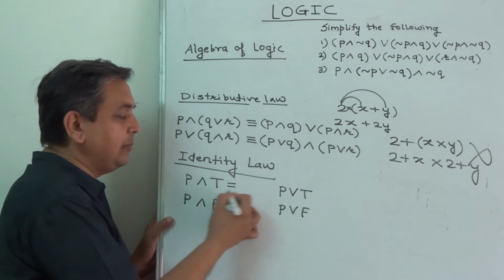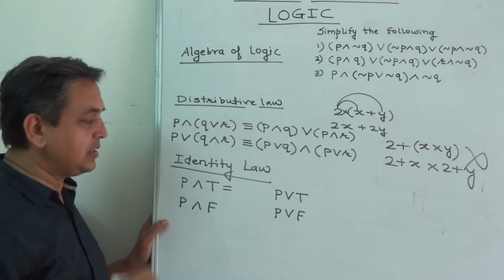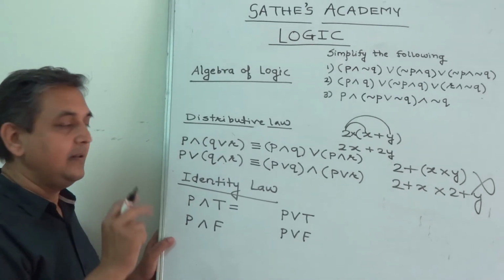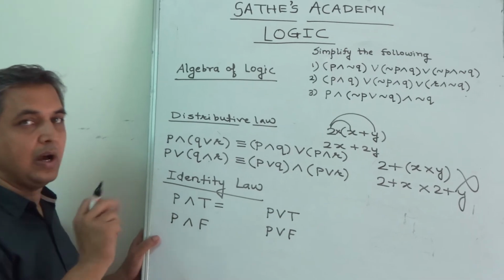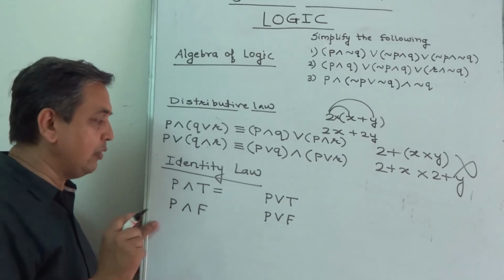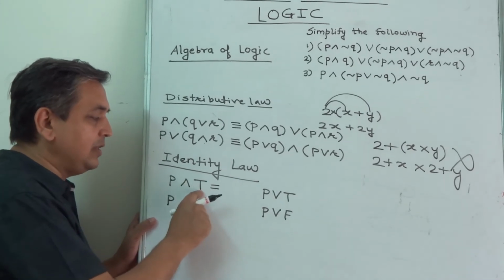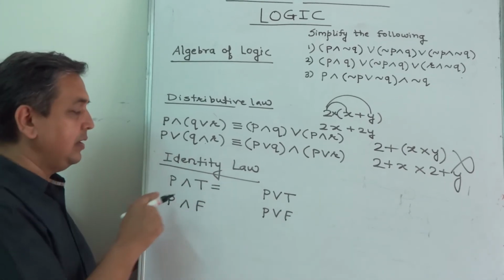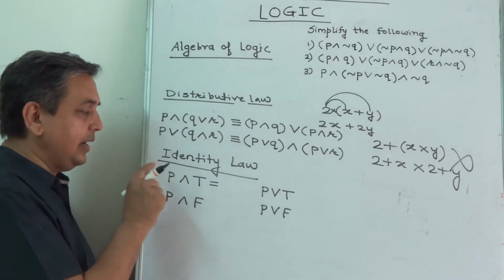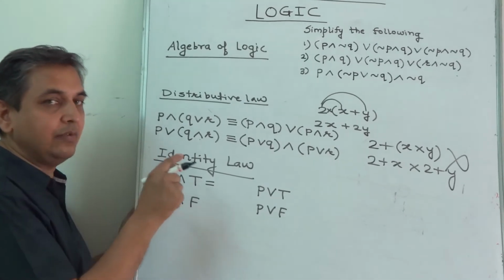Now we know truth table for and. What does that truth table say? For and, the truth table is if both P and Q are true, then the result is true. Otherwise the result is false. Now here one of the statements is true, we know. Now if P is true, the result will be true, and if P is false, the result will be false.